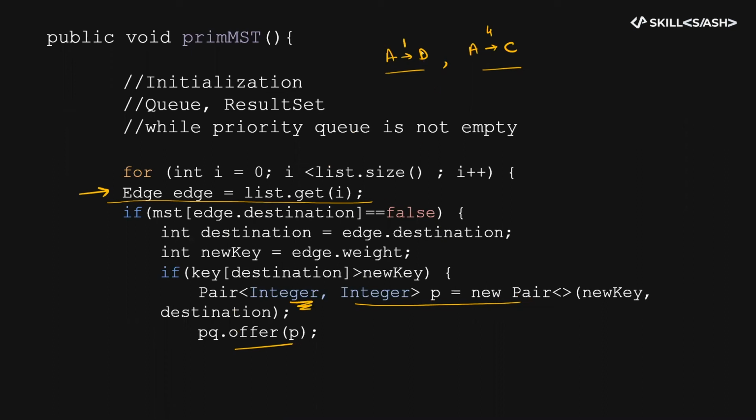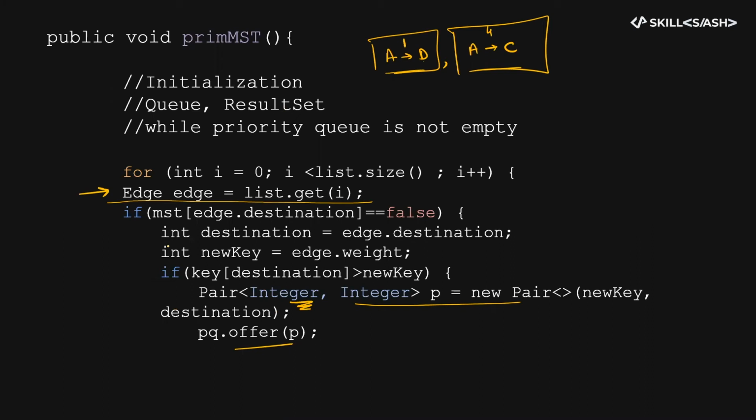Like A has 0, so D has some ID. So that node ID and its associated weight, that object I'm creating, and I'm putting it into the priority queue. Now, which one will I choose first? Whichever has the least weight. Got it? So this is the thing that I'm doing with this code.